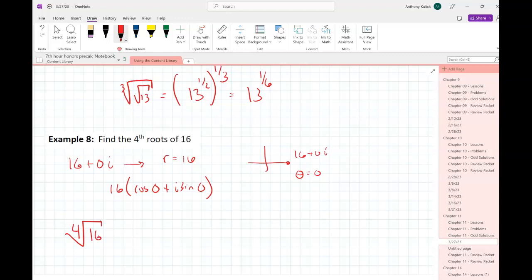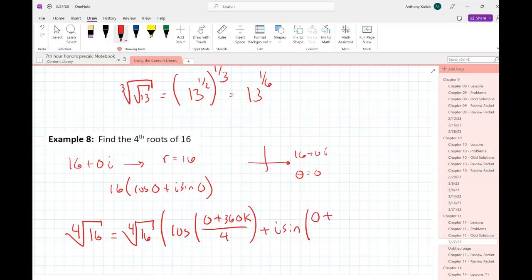So the 4th root of 16. I'm going to write this in kind of a condensed form. It's going to be the 4th root of 16 times cosine of (0 plus 360k over 4) plus i sine of (0 plus 360k over 4).